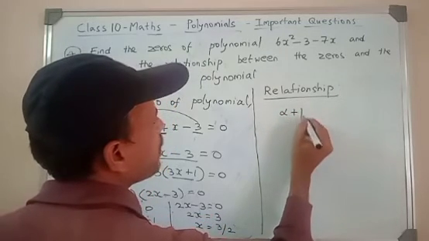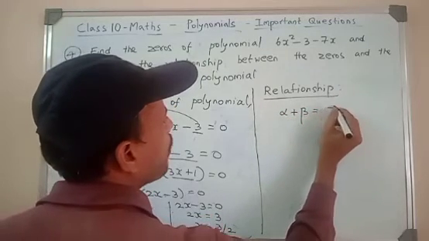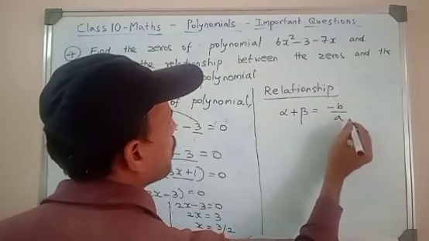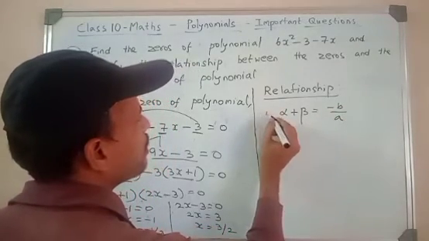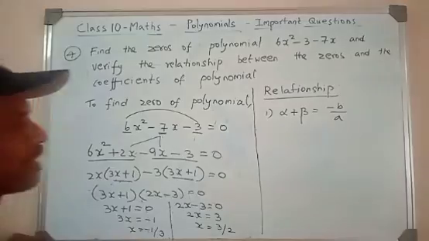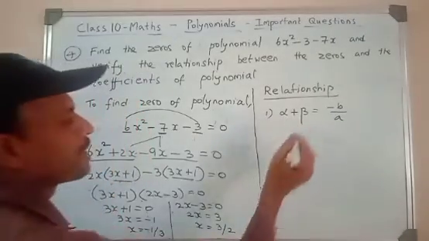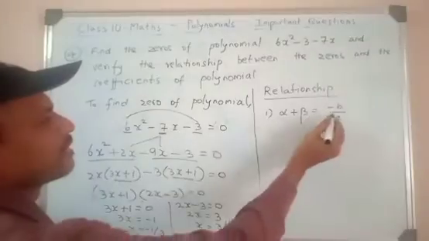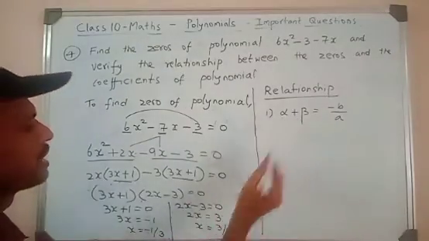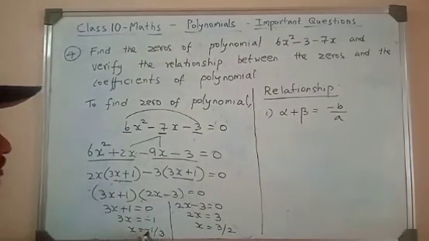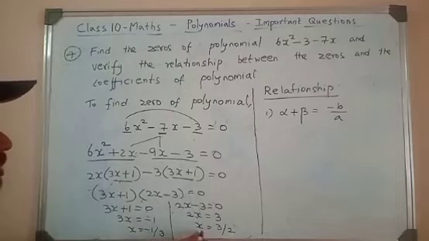The relationship: alpha plus beta, the sum of zeros, is equal to minus b by a. This is the first relation. The second relation is the product of zeros is equal to c by a. So first we verify this one. Alpha plus beta is equal to minus b by a. Alpha and beta are nothing but the zeros we obtained. Minus 1 by 3 is alpha and beta is 3 by 2.